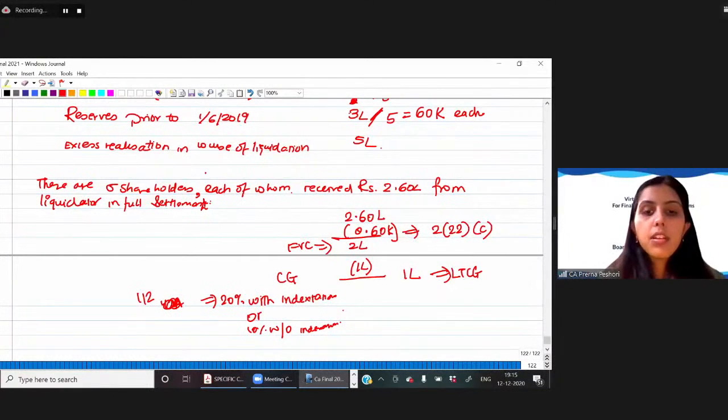Clear? So since we are claiming indexation, here we will apply 20% with indexation rate. So 20% will be applicable here. Is it clear? Did you understand this? 60,000 will be taxable under EFOS, under 2(22)(c). That will go as per normal rates. Clear?